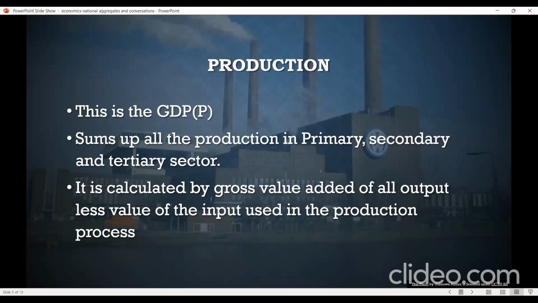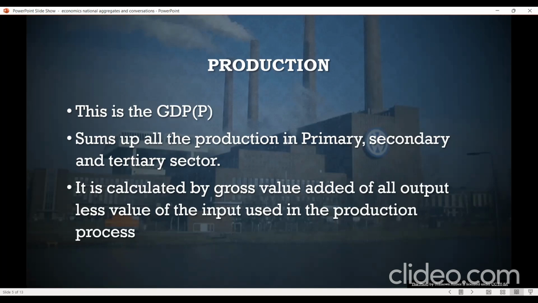It is calculated by taking the gross value added of total output and lessing the value of the input utilized in the production process, right? We calculate it by taking all our output, which is related to what we produced, and we less all the input that we used in the production process, right?